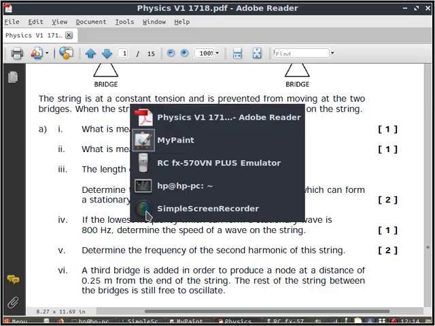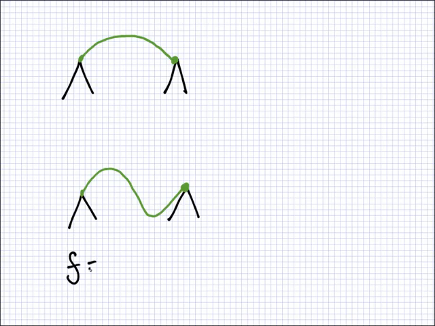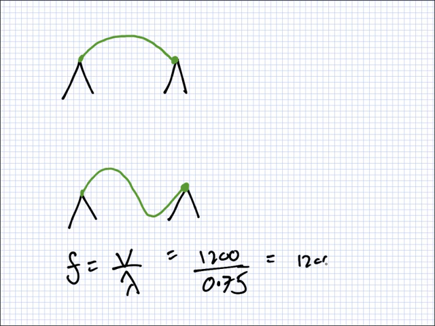So f equals v over lambda, which equals 1200 over 0.75. Right? That's 1200 over 3 times 4. 3 goes into that 4. 1600?